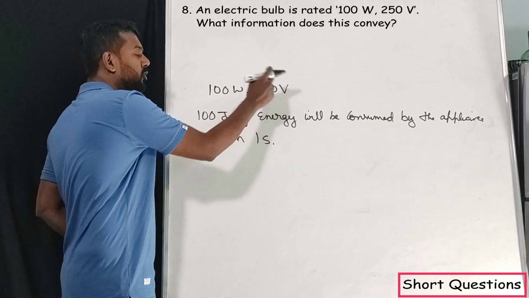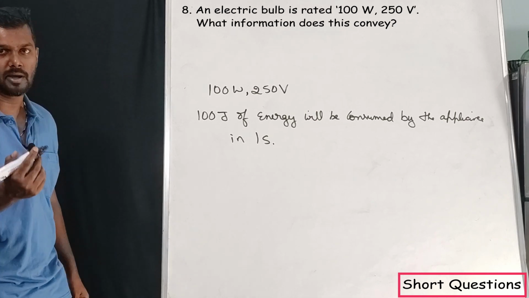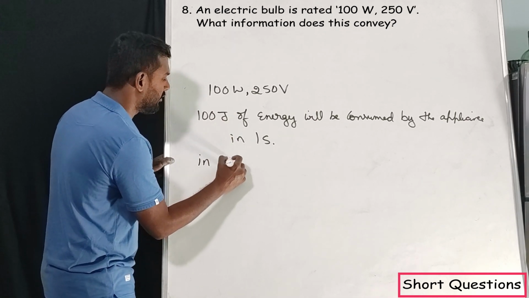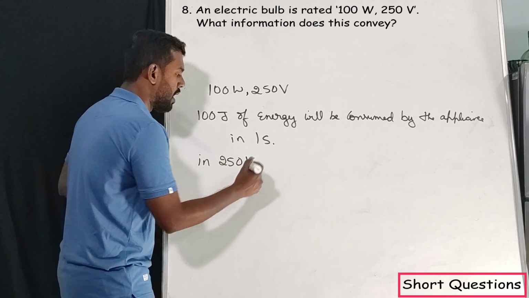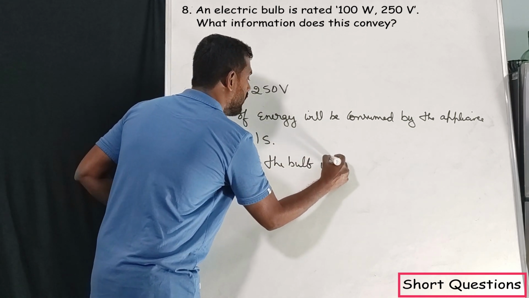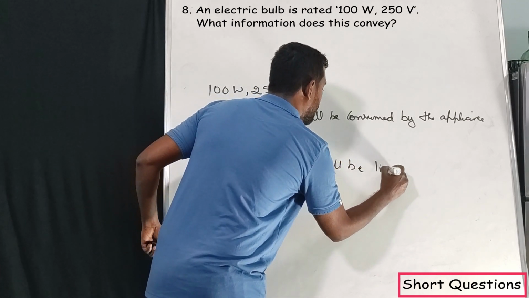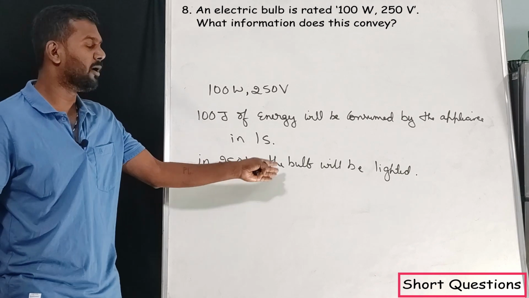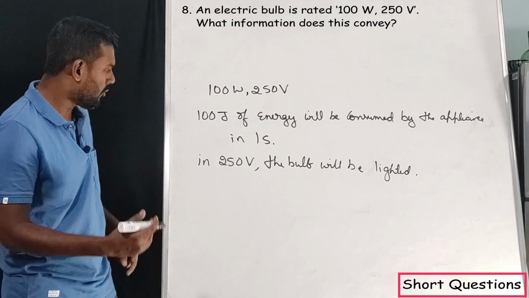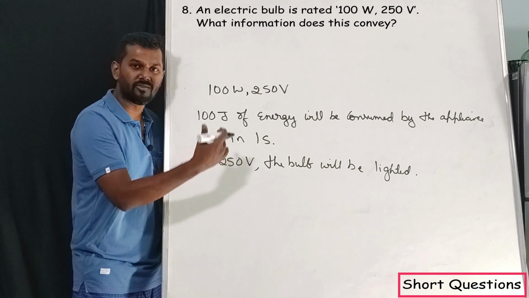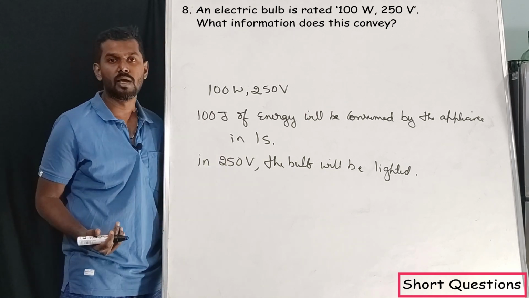What do you mean by 250 volt? We are talking about what? Bulb, correct? Bulb means, okay, in 250 volt, the bulb will be lighted. That's it. In 250 volt, the bulb will be lighted. So what happens? See, for extra information I'm telling, what happens if the voltage is less than 250?